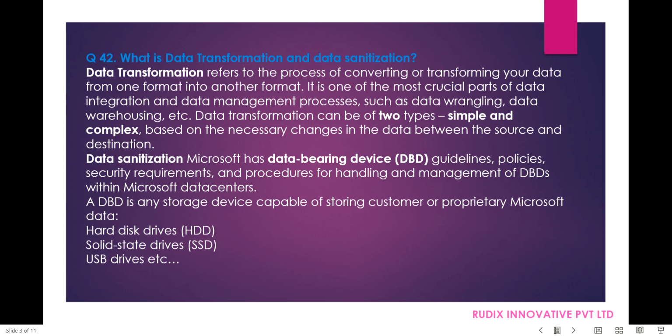It is one of the most crucial parts of the data integration and data management process, such as data wrangling, data warehousing, etc. Data transformations are mainly two types, simple and complex, based on the necessary changes in the data between the source and destination.